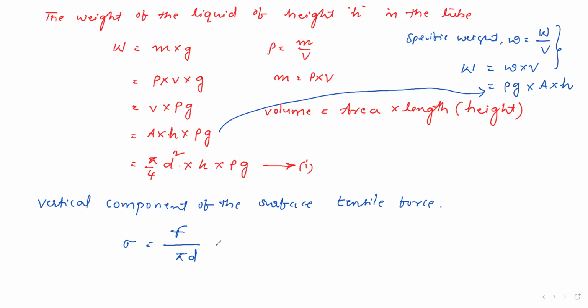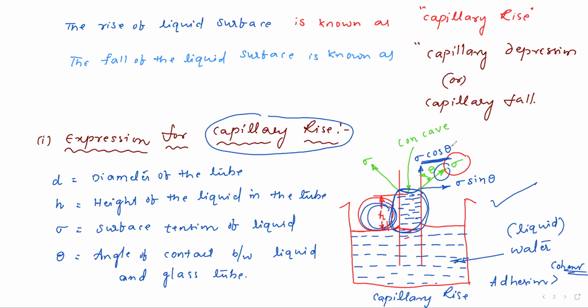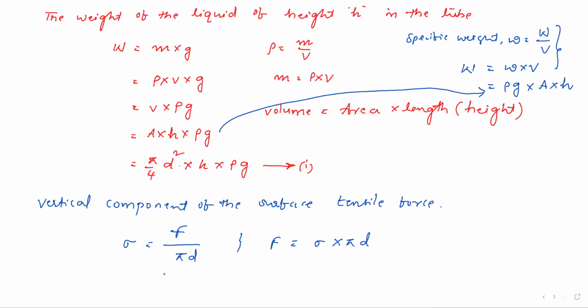This is general. So from here we can get the force, which is equal to sigma into pi into d. Clear? But this sigma is tangential, so when it comes to vertical, it is sigma cos theta, right? Then the tensile force F is equal to sigma into cos theta into pi into d, right? So consider now, this is equation number 2.